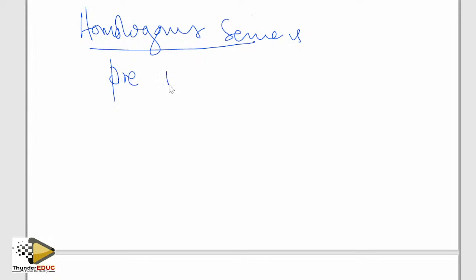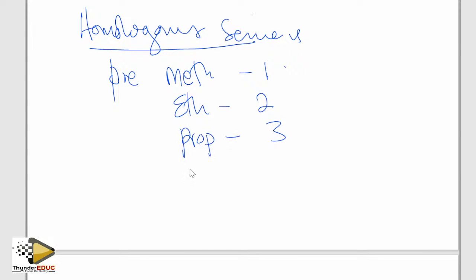So when you say meth in science, it means one carbon atom. Eth means two carbon atoms. Prop means three carbon atoms. But means four carbon atoms.